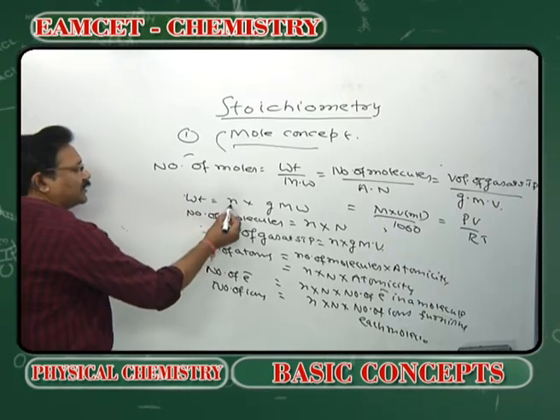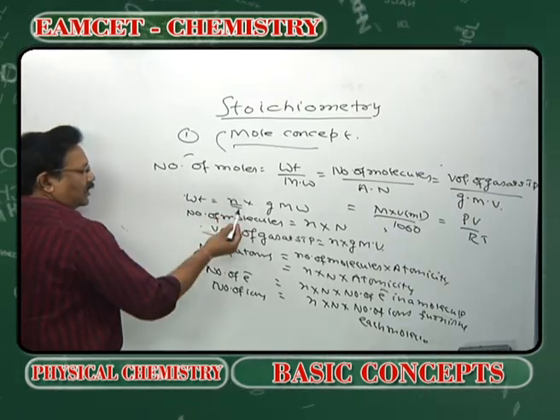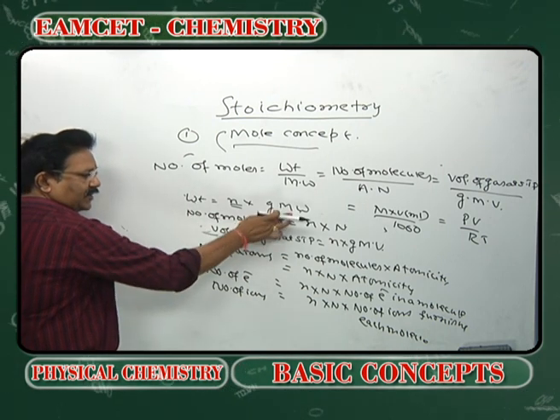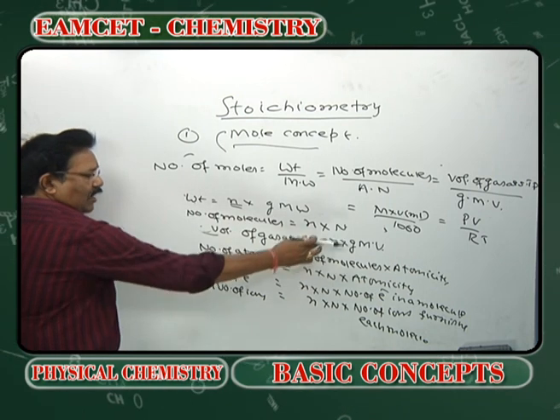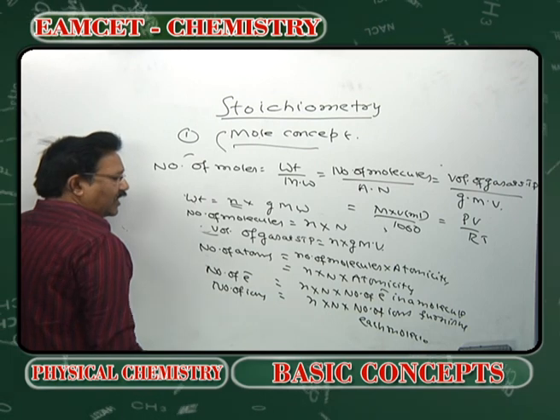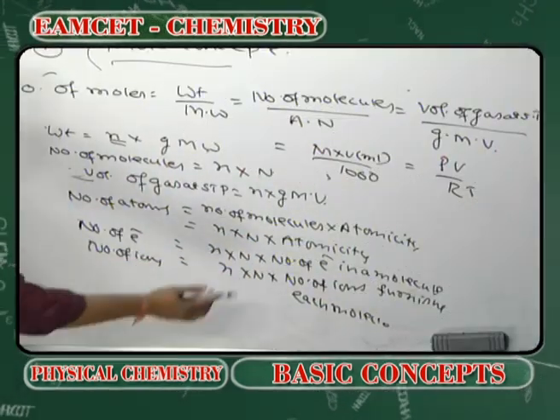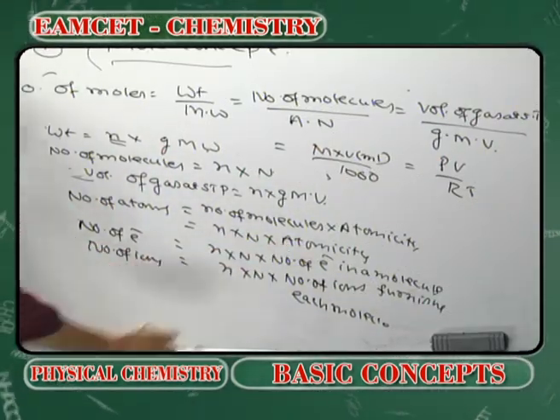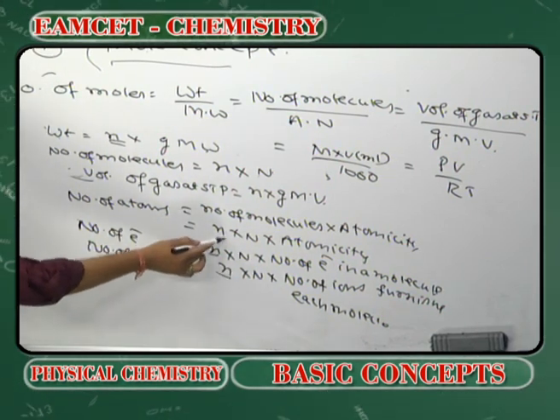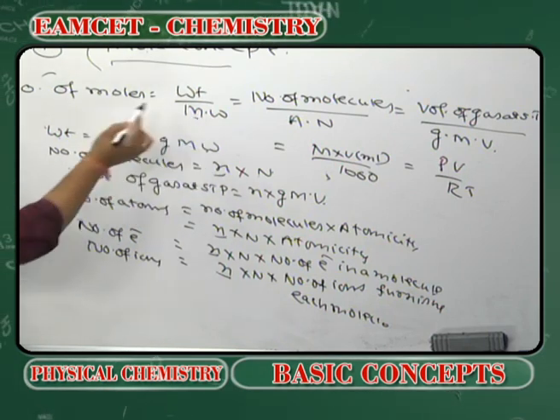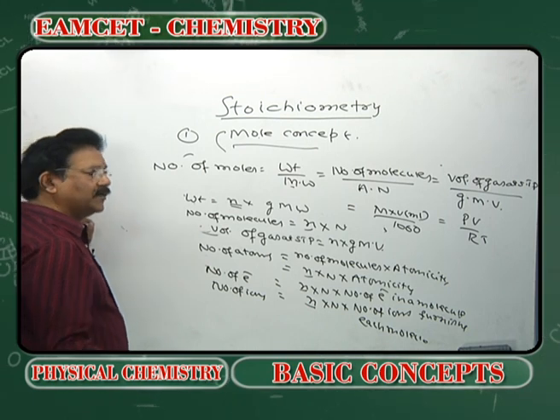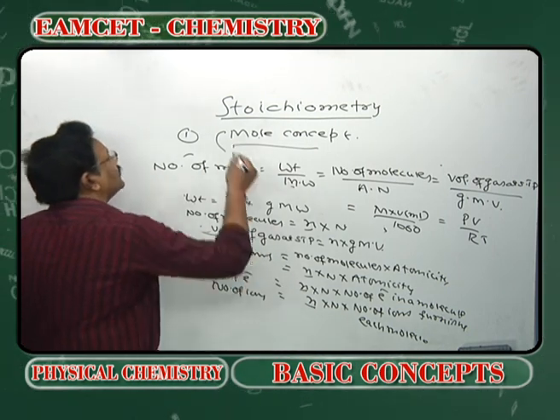We have to determine the number of moles, because the gram molecular weight for a given substance is constant, Avogadro's number is constant, gram molar volume is constant, and atomicity for a compound is constant. What is the variable in all these formulae? Number of moles.